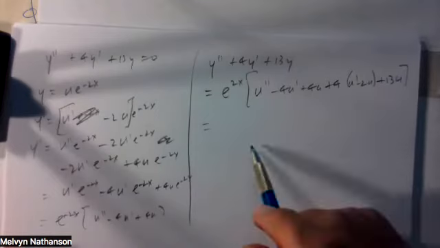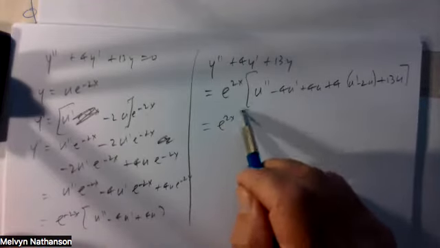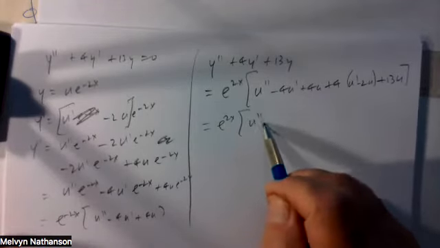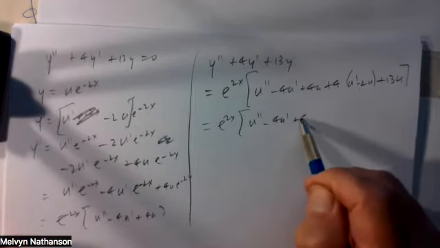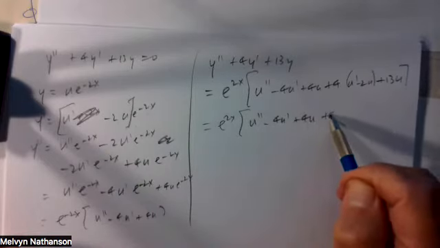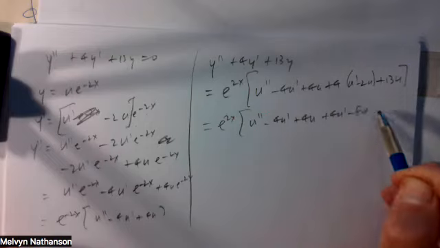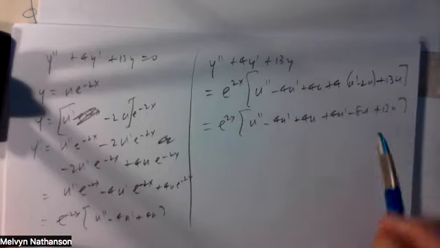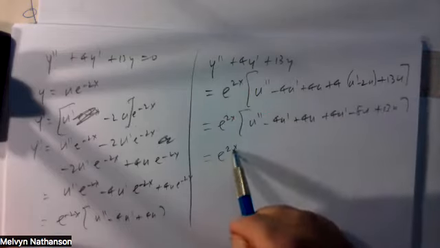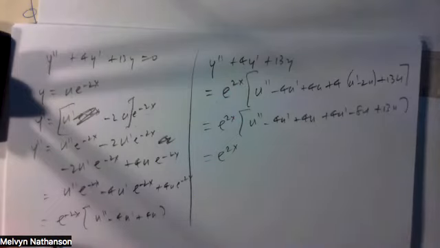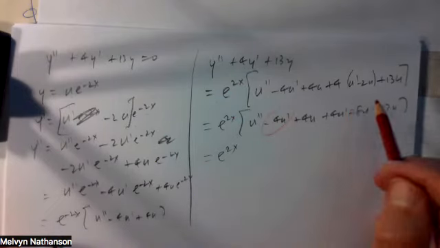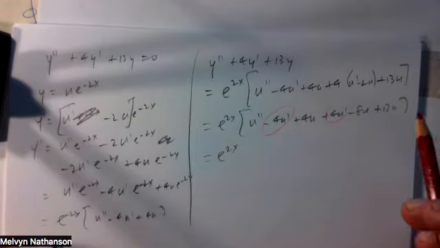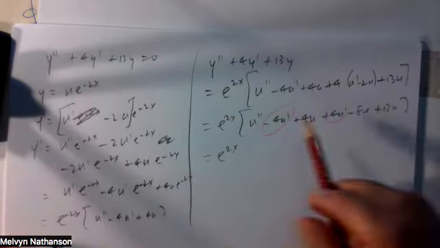Let me just simplify the algebra. This is e to the minus 2x times u double prime minus 4u prime plus 4u, plus 4u prime minus 8u plus 13u. The minus 4u prime and plus 4u prime cancel.